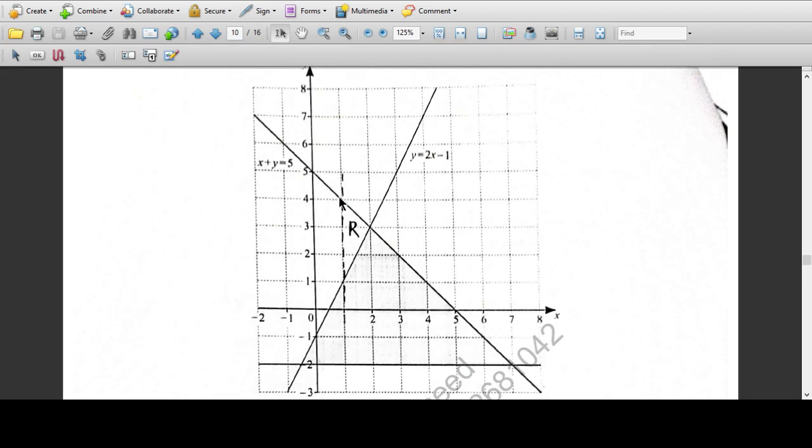This dotted line is x equals 1, and in this region x is always greater than that. So from these three lines we have obtained this triangular region R.